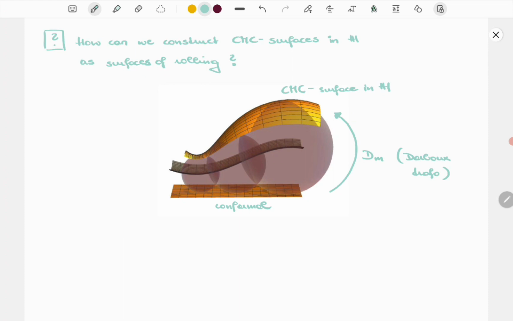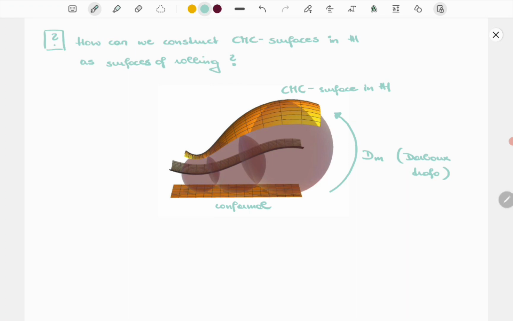And the main property of the Darboux transformation is that both surfaces envelop a common sphere congruence, these two families of gray spheres here, such that curvature lines on the two envelopes correspond. And additionally, the two first fundamental forms on the two surfaces are conformally equivalent.